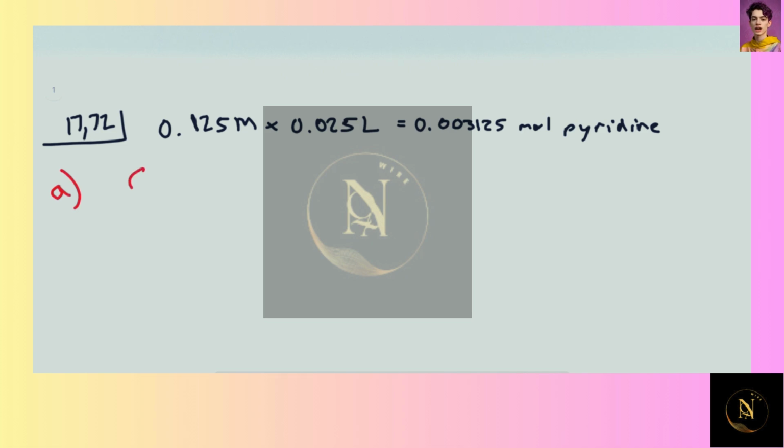So we have a weak base, so we're going to need an ICE table. We have C5H5N plus H2O, which will produce the conjugate acid and hydroxide. So we have our ICE.